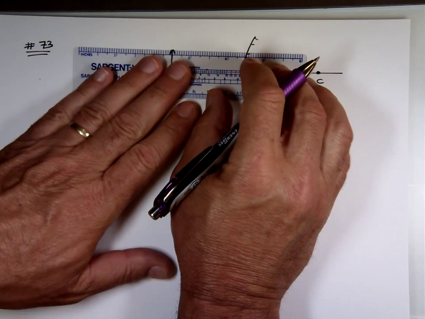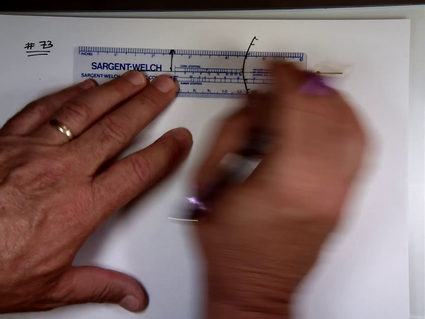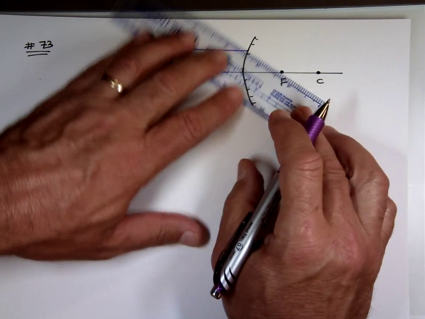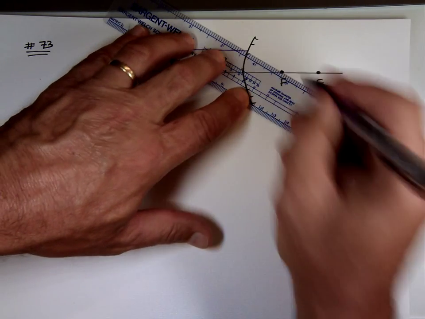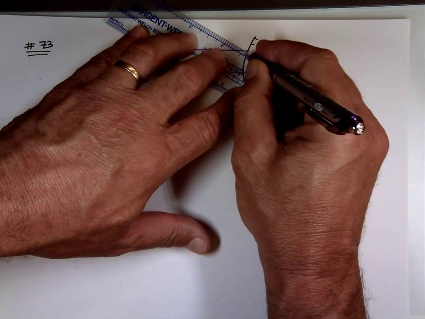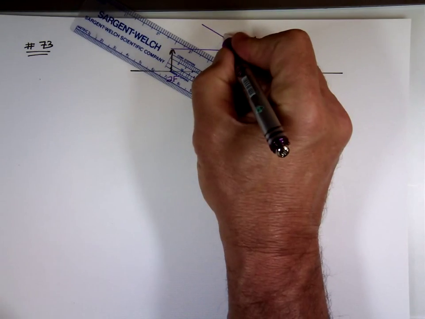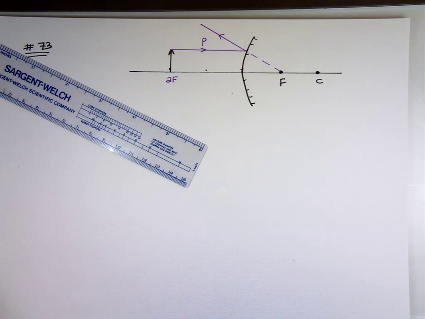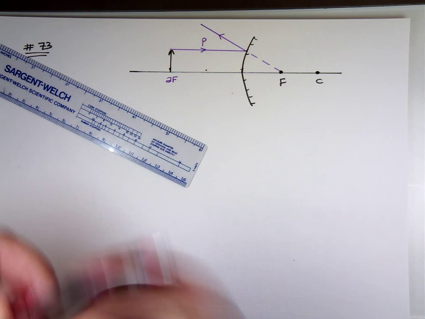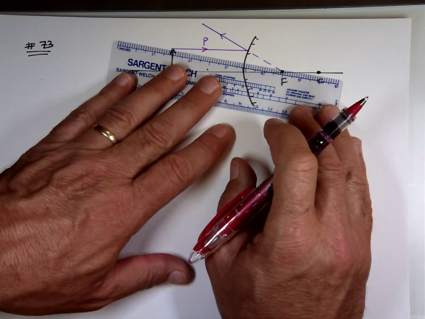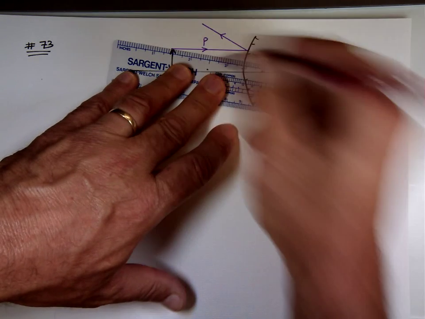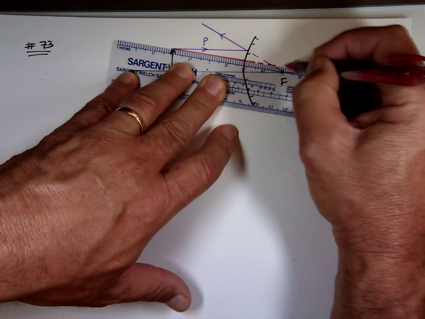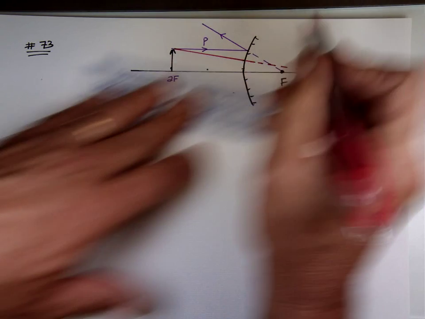So the first one's the parallel one, the P ray. Deflect coming out of the F point here. And then next one is going through C, and that reflects back in the same direction. So it's going in, it's coming up.